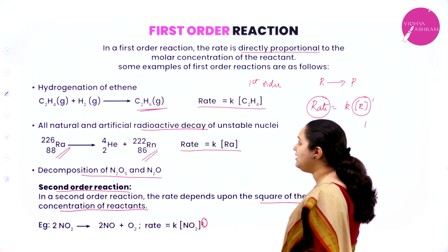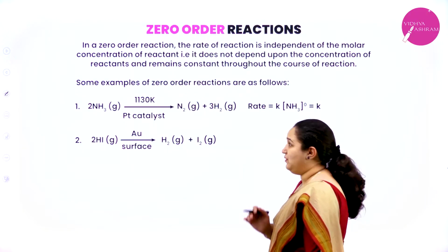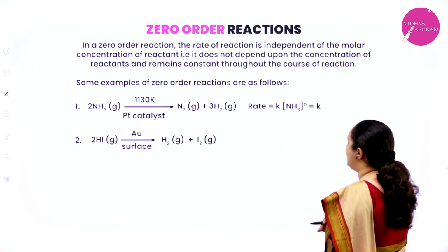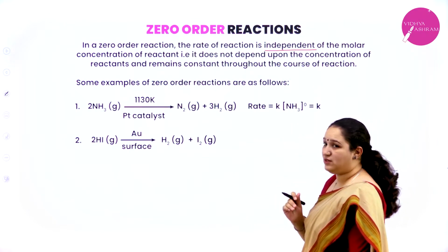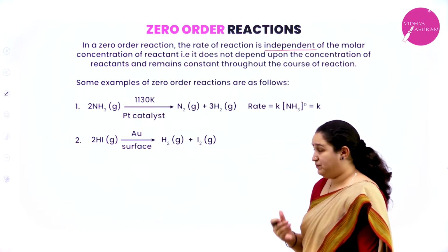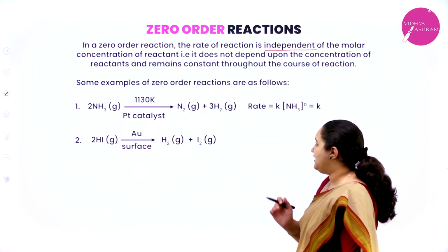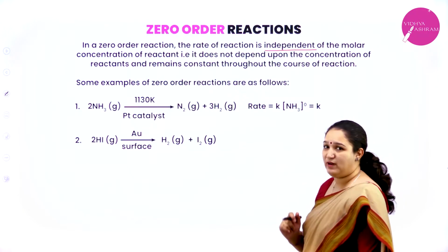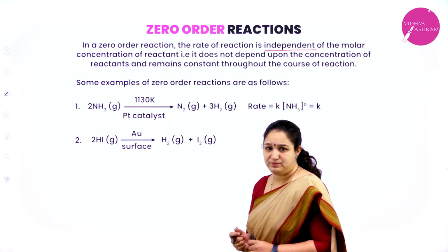Next we have the zero order reaction. In a zero order reaction, the rate of the reaction is independent of the molar concentration of the reactant. That is, it does not depend upon the concentration of the reactants and remains constant throughout the course of the reaction. So what is the meaning of zero order reaction?